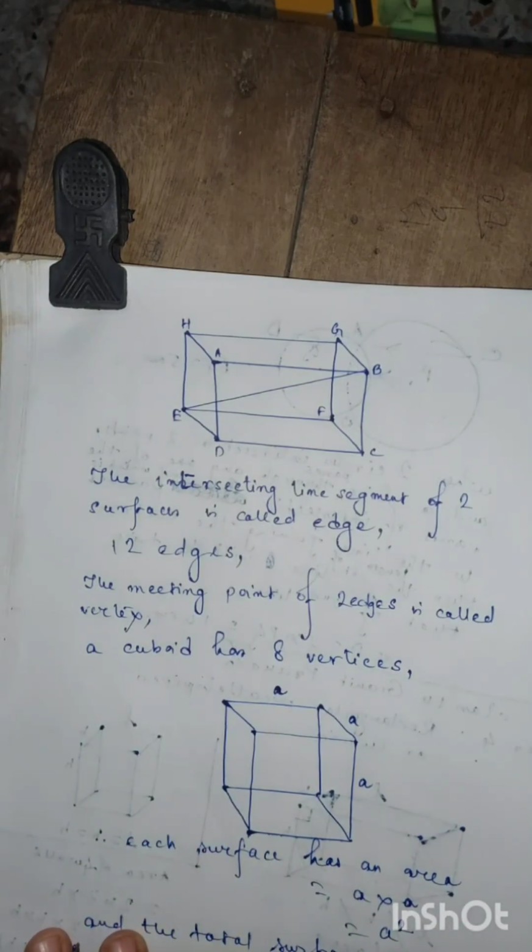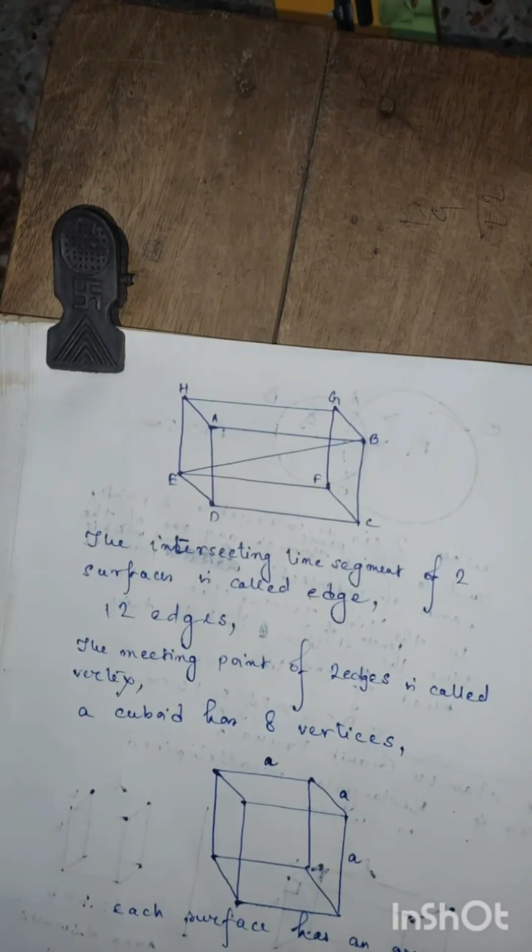E and B are opposite corners. So, when we join the opposite corners, it gives us a diagonal.